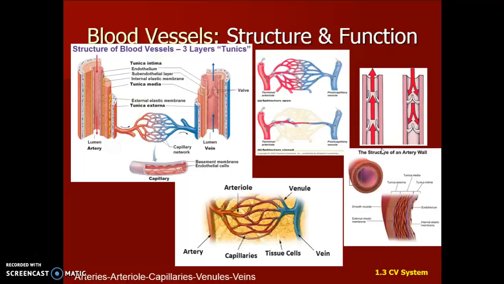Also, they have pocket valves which stop any backflow, because the blood is travelling upwards, back towards the heart. To stop any backflow, the pocket valves will be forced open, and they will start to fill once the blood starts to fall backwards with gravity.